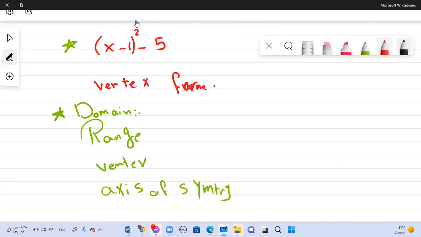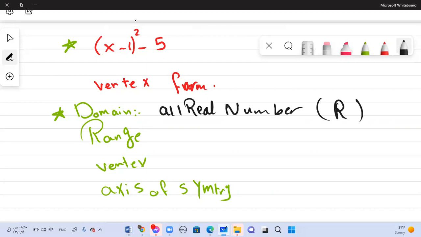Find the domain: the domain is all the time all real numbers, R represents real numbers.